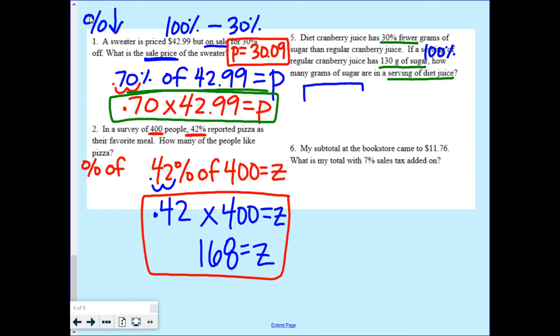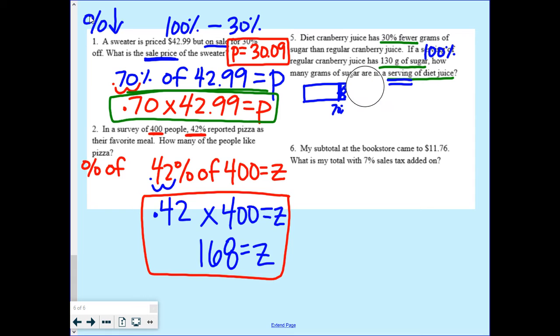And you could imagine the model to start. I have 130 grams of sugar. That's 100%. But if the diet has 30% less, then I'm going to be subtracting that 30%, and that leaves me with 70%. And so I know that the serving of diet juice has 70% the amount of sugar as the regular juice.